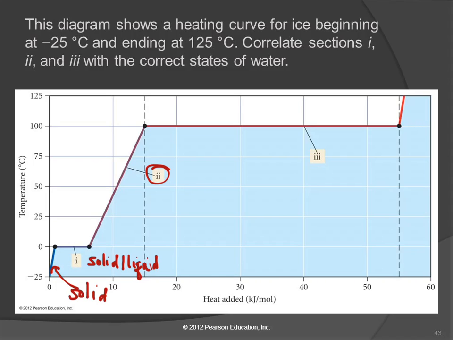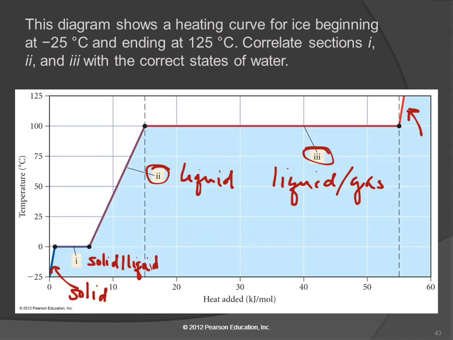And so this one, what state do we have? Liquid. Okay, and then what happens up here? Boiling. We have liquid present and gas present. And then up here, this part, what's that? All gas.